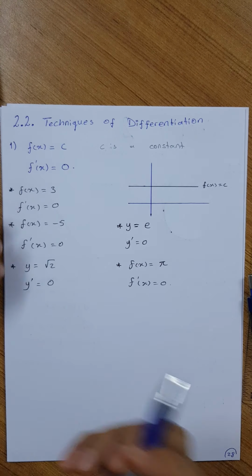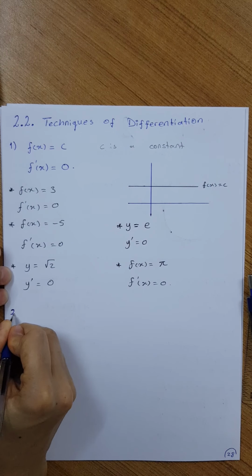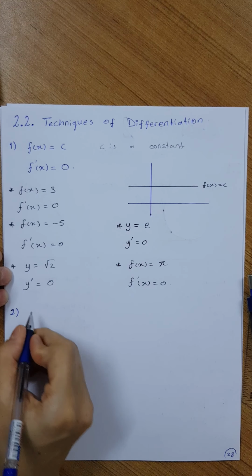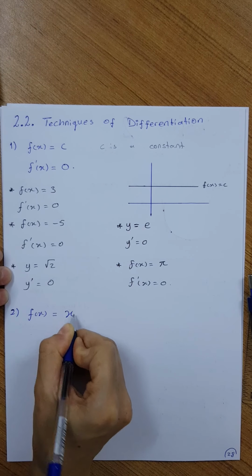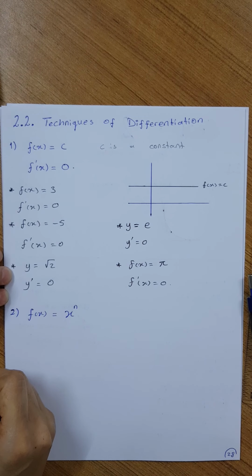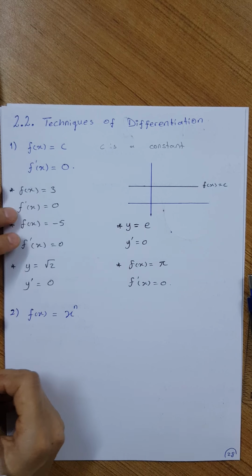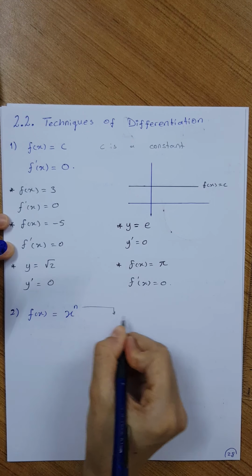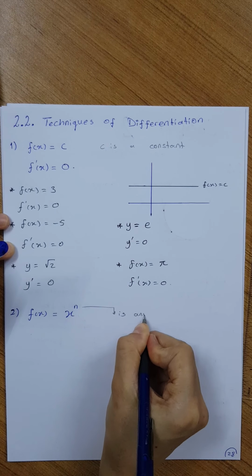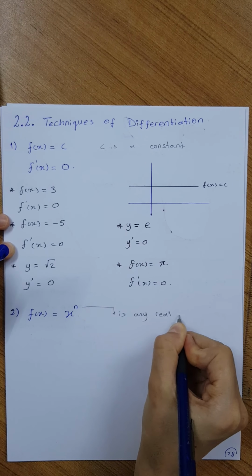What is the power rule? That's the second rule. If I have got f of x equal to x to the power of n, where n is any real number. What does that mean, any real number?